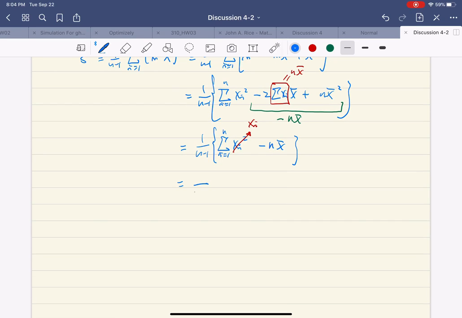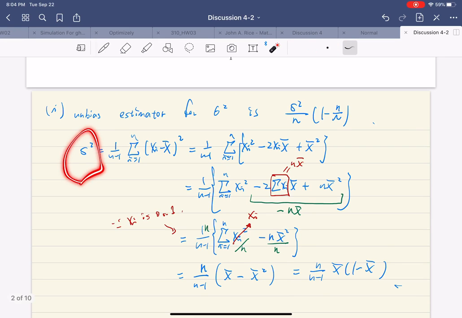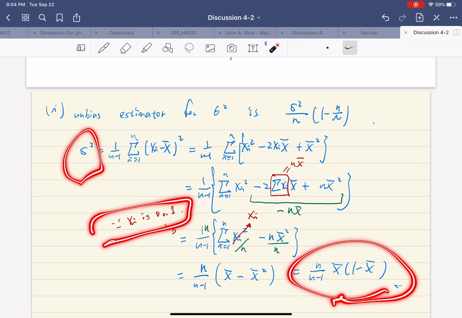So here, because Si is 0 or 1, now we have n times S bar minus S bar squared. So what we get is n S bar times 1 minus S bar. So S squared is equal to this when Si is 0 or 1.